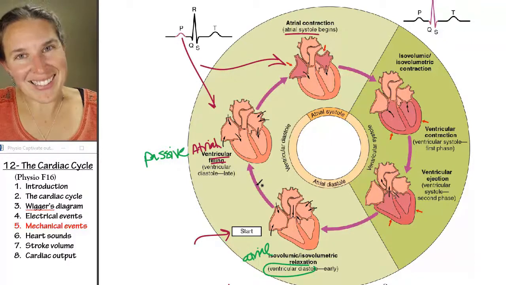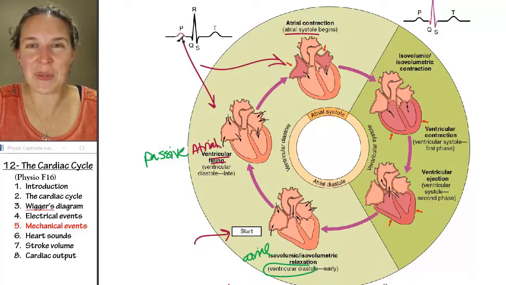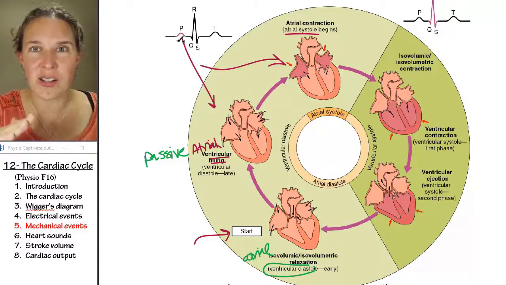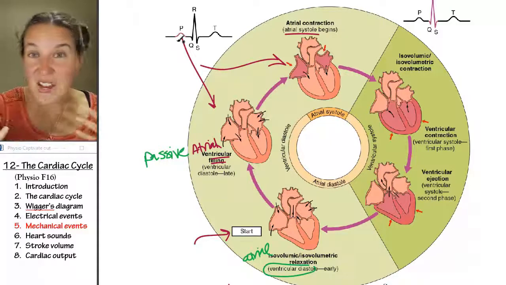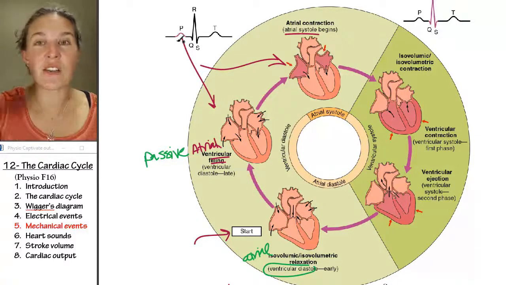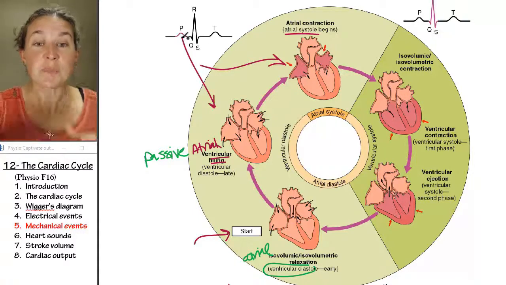During diastole, guess what's going to happen? Dude, your awesome autorhythmic cells in the SA node are going to depolarize because of their pacemaker potential. Because of those leaky, funny channels, they're going to depolarize, and eventually they're going to generate an action potential.